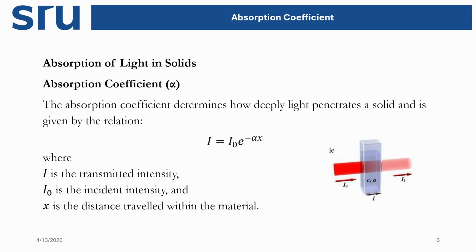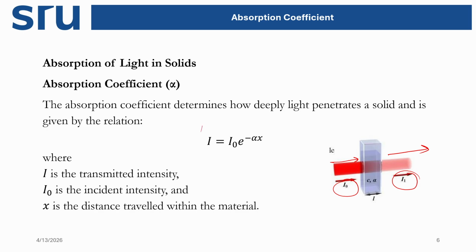Let's say from here light is coming and then it is going out, then how is the intensity changing? What is the light intensity before the interaction with the material, and after the material, what is the intensity of the light? That way we are calculating the absorption coefficient.